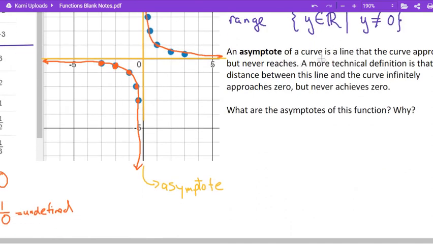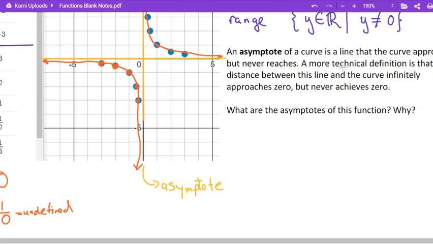I want you to read this paragraph to yourself. Underline if you need. Okay, so the asymptote of a curve is the line that the curve approaches but never reaches.